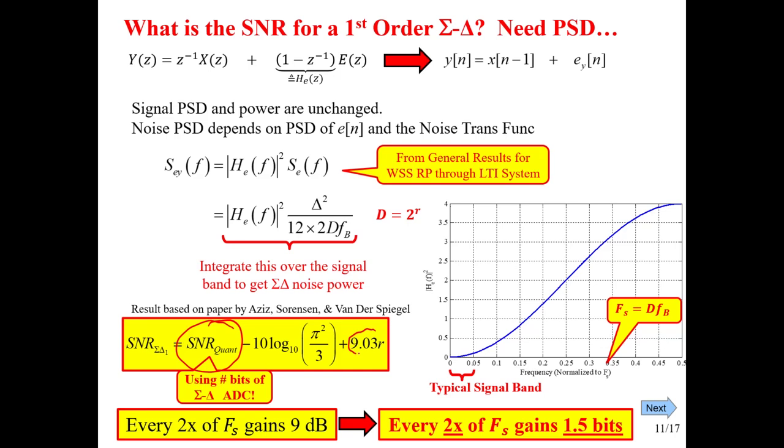This is giving us 9 dB for every integer increase. Every integer increase in R is a doubling. So that's why we say 9 is like 1.5 bits, right? Because 6 was 1 bit, 3 we said was a half bit gain, and 9 is like a 1.5 bit gain. So every doubling of sampling rate with a first order sigma delta gives us a 1.5 bit gain. That's better than that half bit gain. So that's significant.